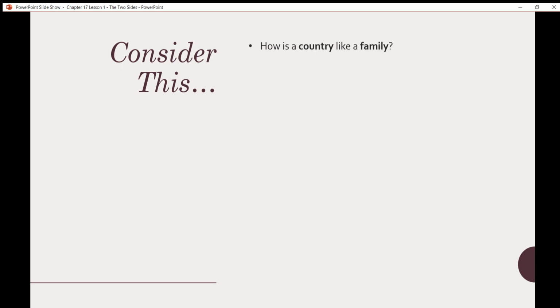So I want to start off with a brief consideration question, okay? I want you to think about how a country is like a family. When comparing family and country, and you're doing something similar right now for the debate board, you might say that people share a government, just like children share parents.